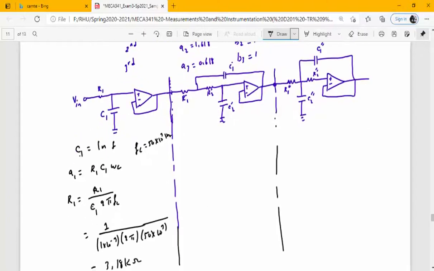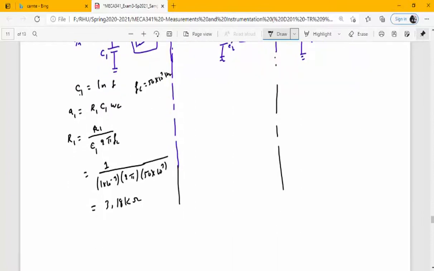Now we need to solve for R1 prime, R2 prime, C1 prime, C2 prime. And remember, guys, maybe you will not be able to find 3.18. The closest value you can find in practice is 3.16. So you may choose 3.16, and you consider the imprecision value of 1%.